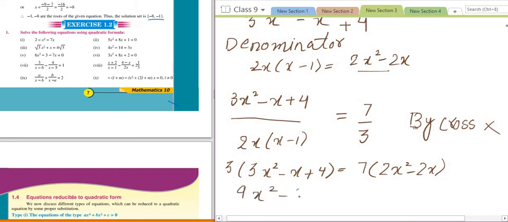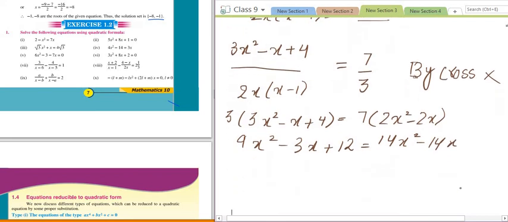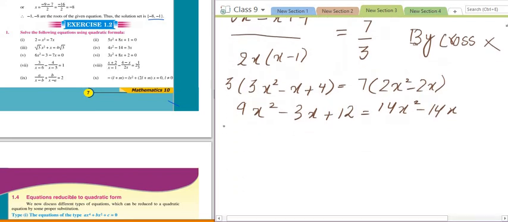Now this becomes 9x square minus 3x plus 12 equals to 14x square minus 14x. This becomes 14x square minus 9x square minus 14x plus 9.